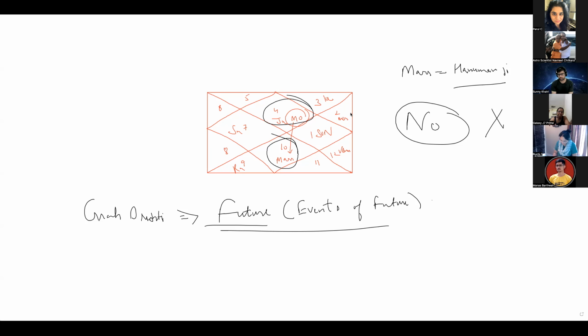In a particular transit, in a particular dasha, when the moon dasha comes or when the Mars dasha comes, this Drishti will play a major role, or as Parul said, within a spectrum of +5 or -5 degrees. If these planets are there, then these things will activate. The Drishti will activate because this Drishti is coming from the desire. It's simple.